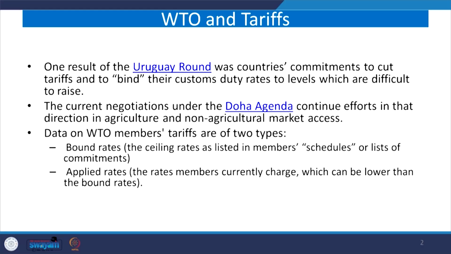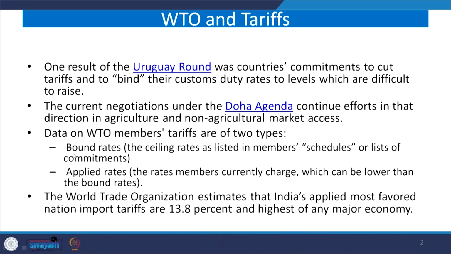Even in the Doha agenda, efforts continue in the direction of agriculture and non-agricultural market access. So far as WTO members and their negotiation on tariffs are concerned, those tariffs are broadly divided into two types, as I already mentioned in our earlier lecture. One is called the bound rate, and another is called the applied rate.